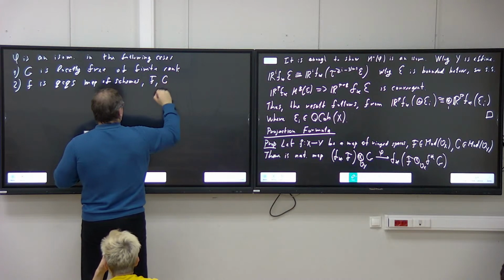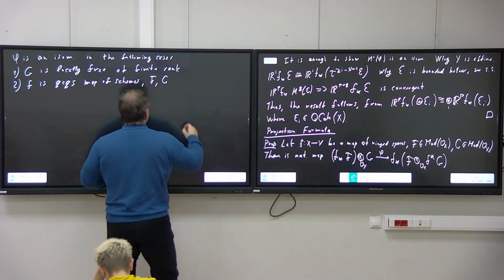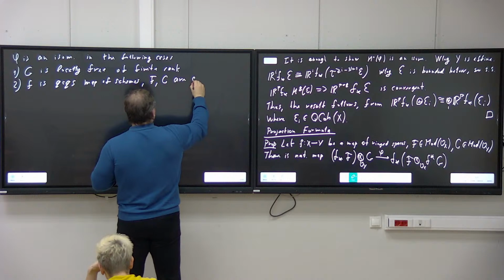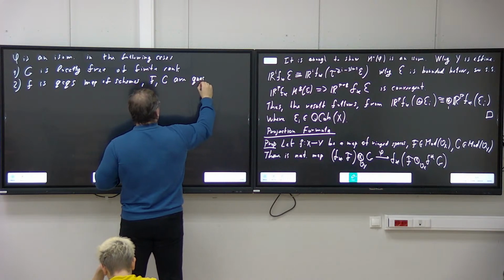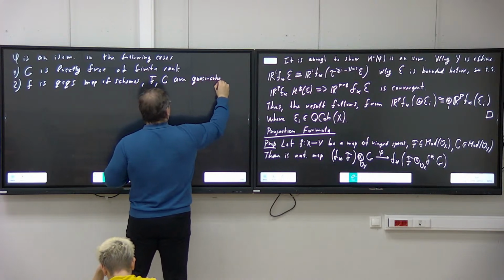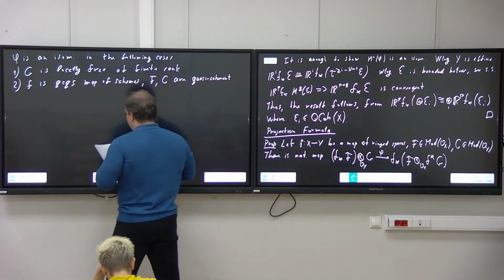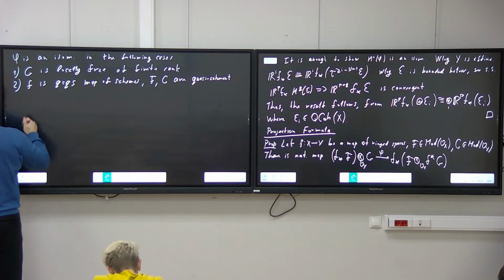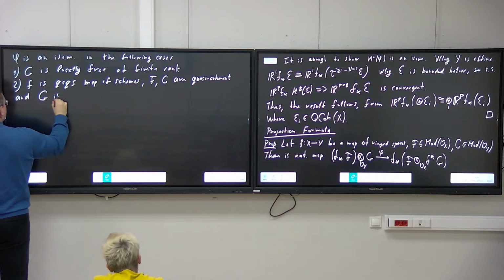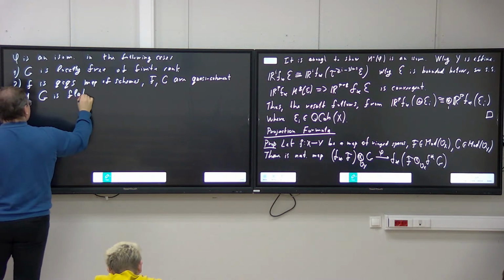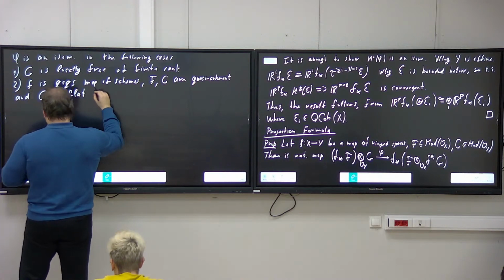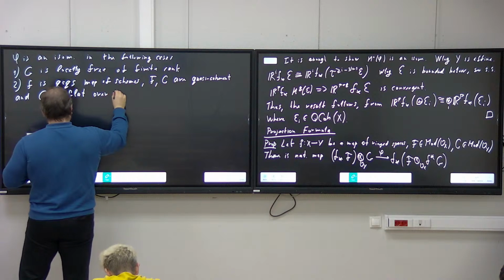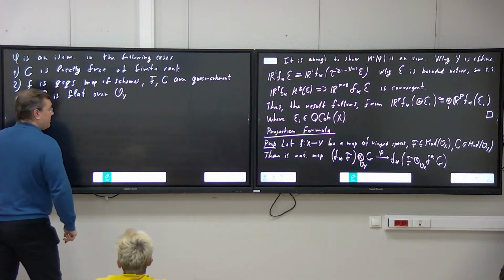F and G, the O_X modules in this case, are quasi-coherent. Quasi-coherent. And G is flat over O_Y.